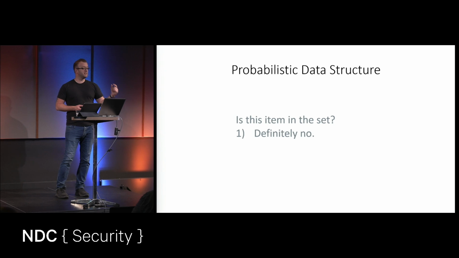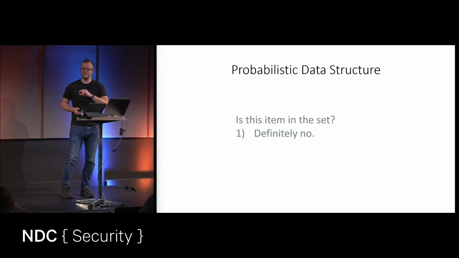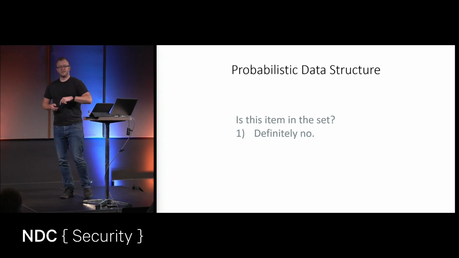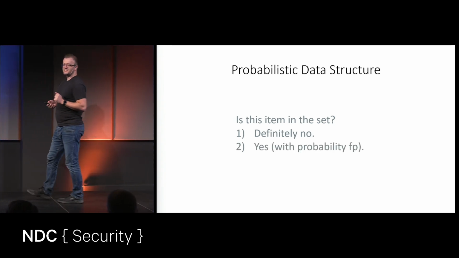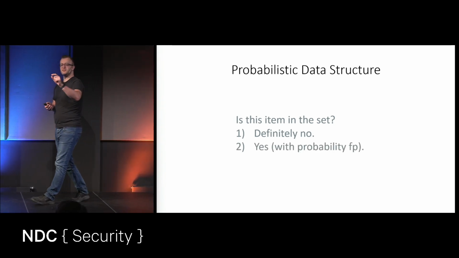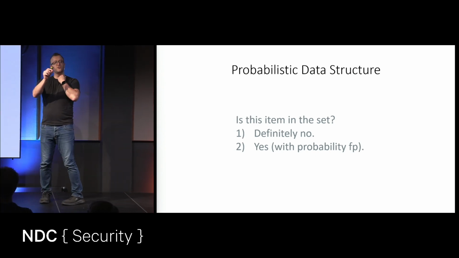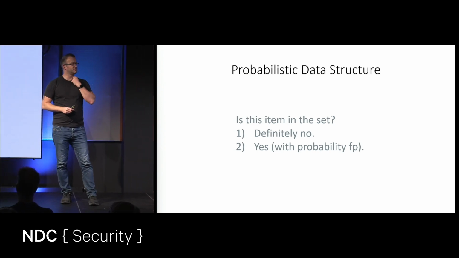If one of those bits is not set, you have never seen that item before, because if you had, the bit would be set. But when we get collisions, and this is where the probabilistic part comes in, if the filter says yes, it's saying, yes, we've seen this before, with a certain probability that this could be a false positive.